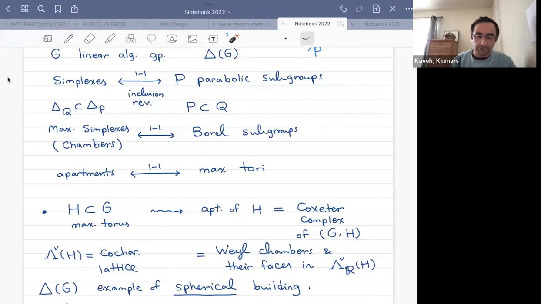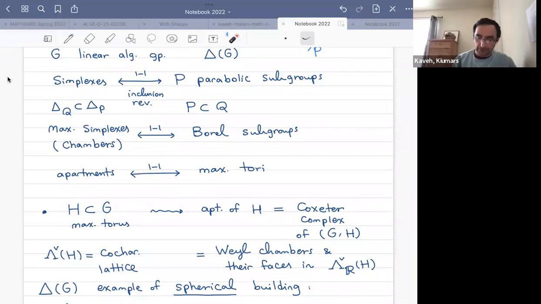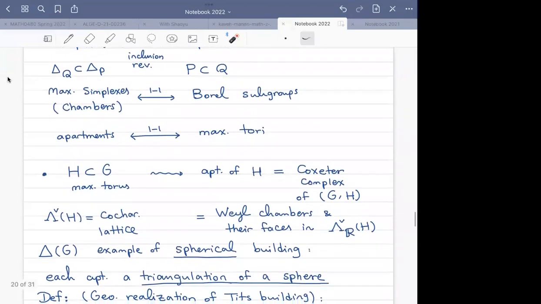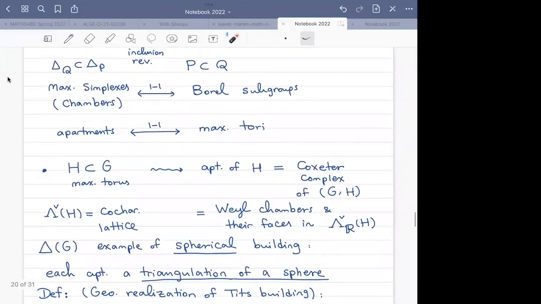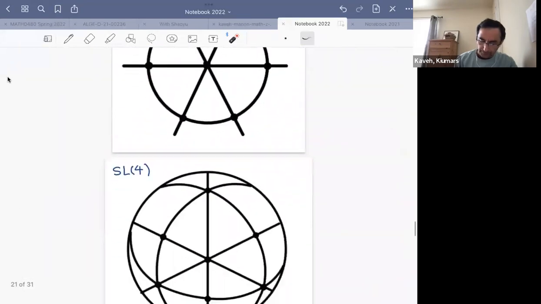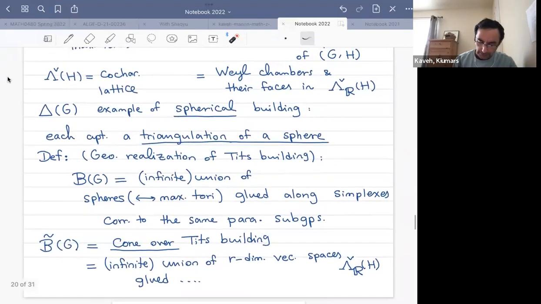Vertices mean the number of maximal parabolics. What are those numbers? It's easy to compute, and it's okay. We'll see that in a second. In fact, the building of SLN or GLN.